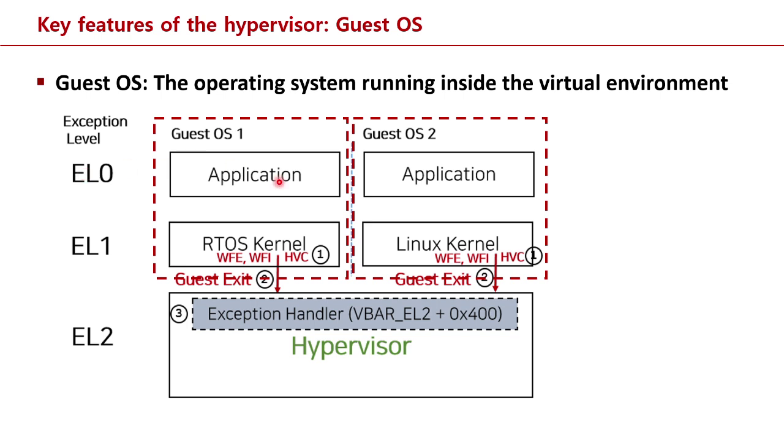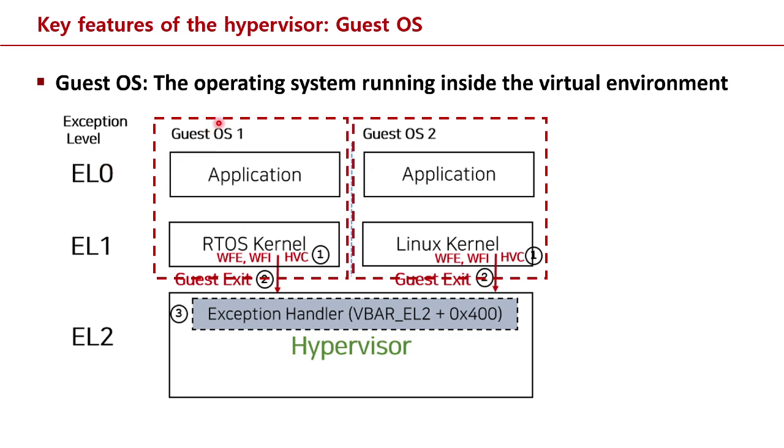Another important thing we have to remember is that guest OS 1 is running in an isolated execution environment, in isolated spaces. As for guest OS 2, the Linux kernel is running at exception level 1, and the user application is running at exception level 0.